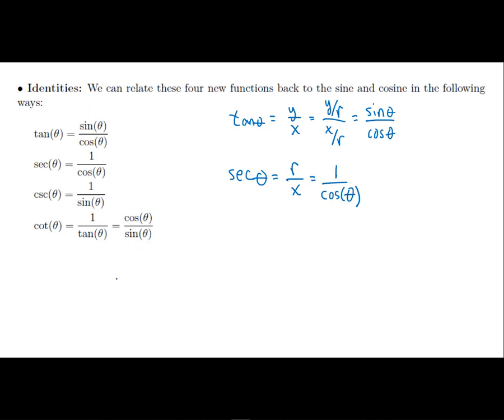Now, one thing I should point out is that there's kind of an annoying mismatch here in the naming of these trigonometric functions. So here's what I want you to notice: cosine goes along with this new trigonometric function which does not have the word co in it, whereas the sine goes along with this new trigonometric function that does have the word co in it.